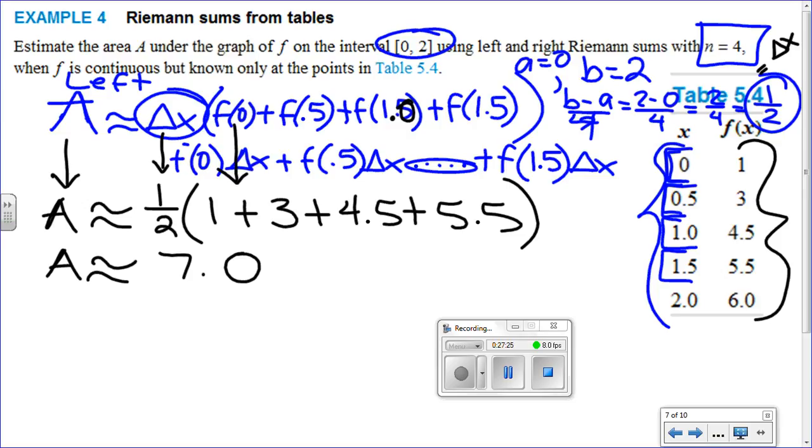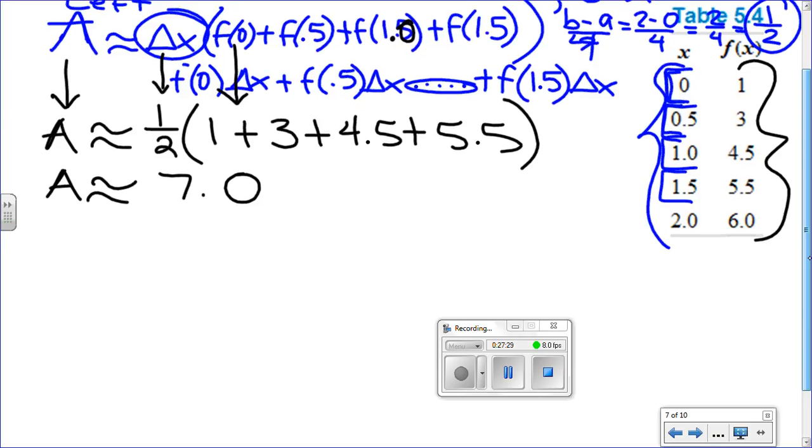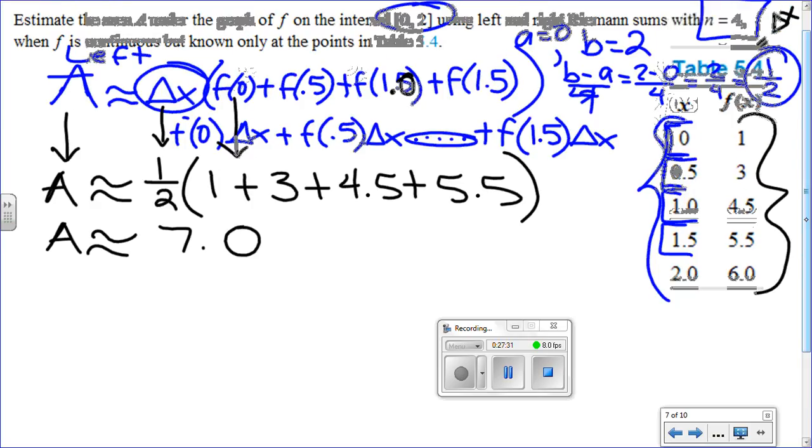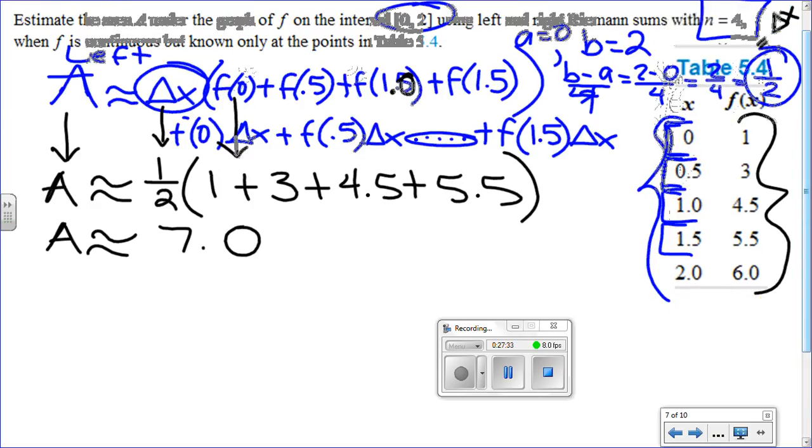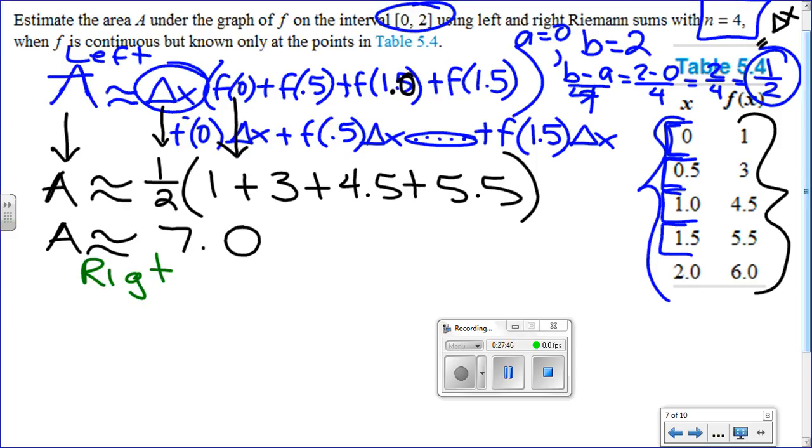Now let's see what's happening with the right. Would you guys say that this function is increasing or decreasing? Increasing. Yes, it's increasing. So now for the right, we're not going to use the same numbers that we have here.